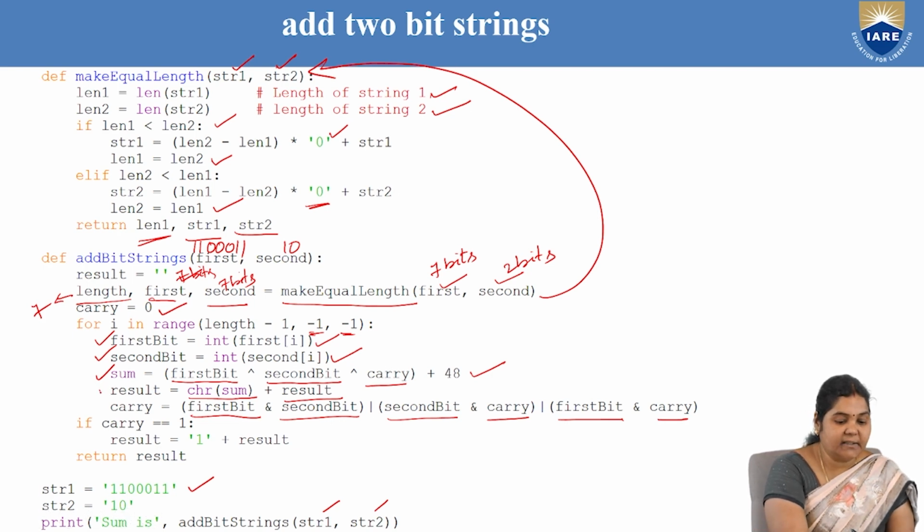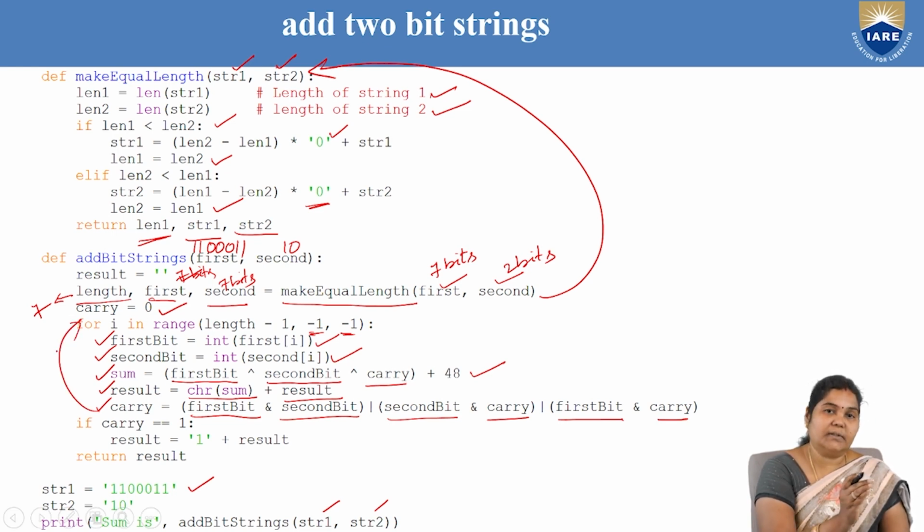After getting the sum and carry, this procedure is repeated for all the bits. If finally the carry is still there, meaning the sum of all the bits is over and a carry is left out, then you have to write the result as carry plus the result. So the result will be 8 bits.